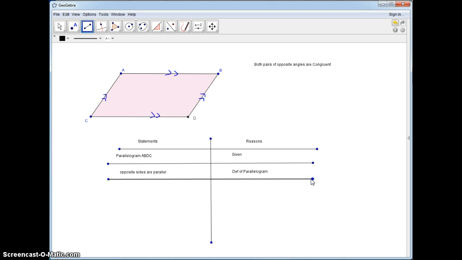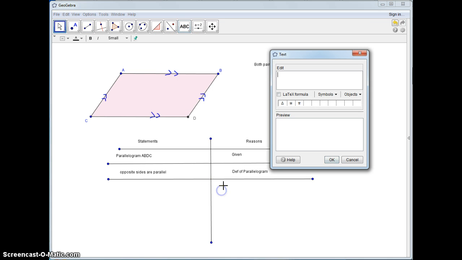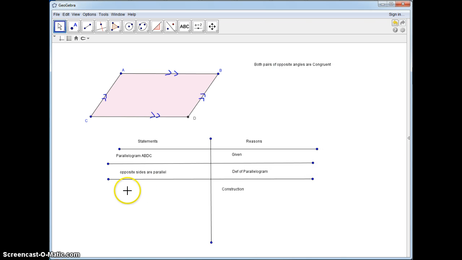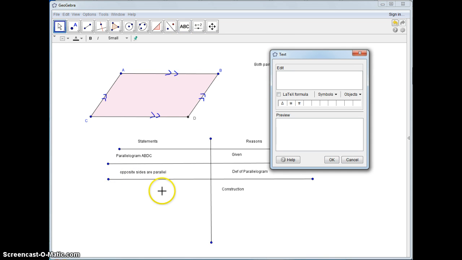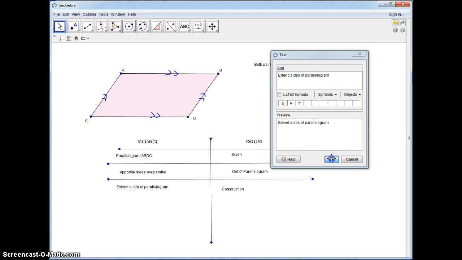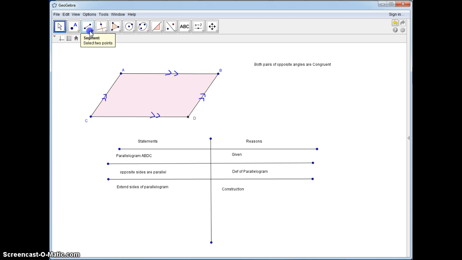Now, to prove that both pairs of opposite angles are congruent, we are going to do a construction. What we're going to construct is we are going to extend the sides of the parallelogram. So let me write that down. I think the easiest way is just hitting the line tool.